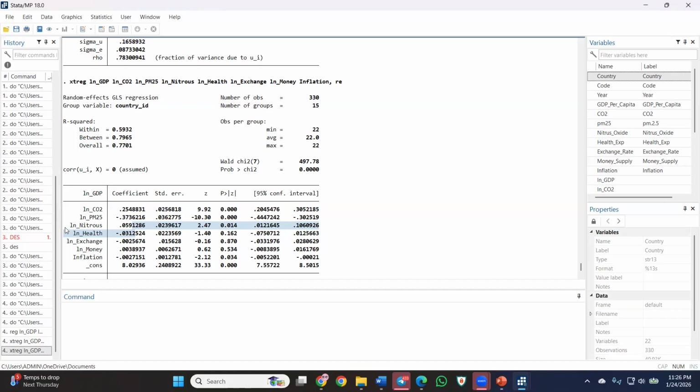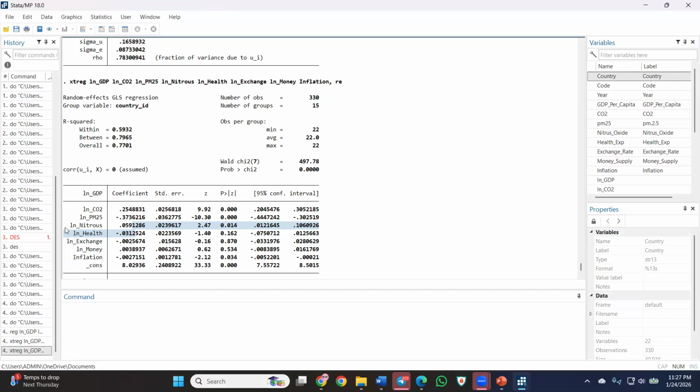If there's a unit or a single change in health, or in people's health, it will cause a 3% decline in the country's GDP. Okay, thank you.